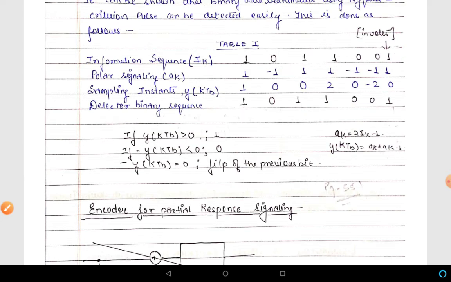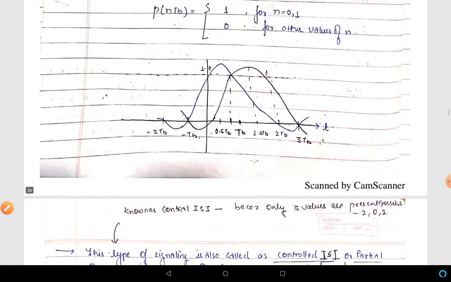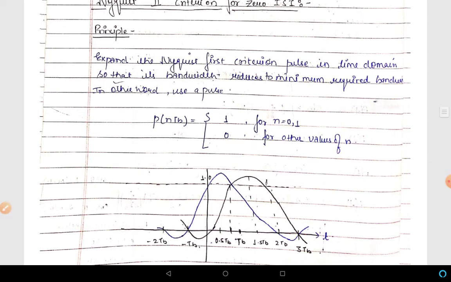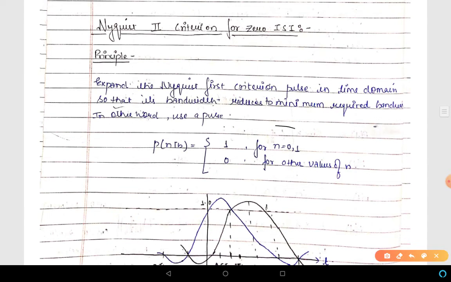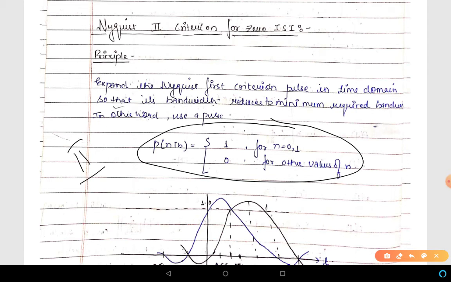And this particular pulse, which is defined by this equation, is called Nyquist second criteria pulse. In the previous lecture, the pulse that we had seen was the Nyquist first criteria pulse, that with 0 ISI. This is a Nyquist second criteria pulse.